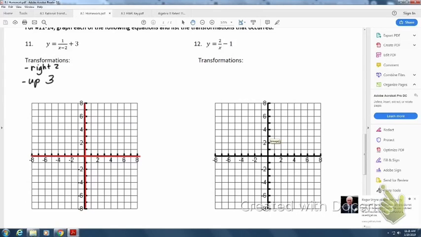So whenever it says to move right 2, I think it's easier to picture the vertical asymptote moving to the right 2 and your horizontal asymptote moving up 3. Now, the hardest part on this is remembering which side it goes on, if it reflects or if it doesn't reflect.